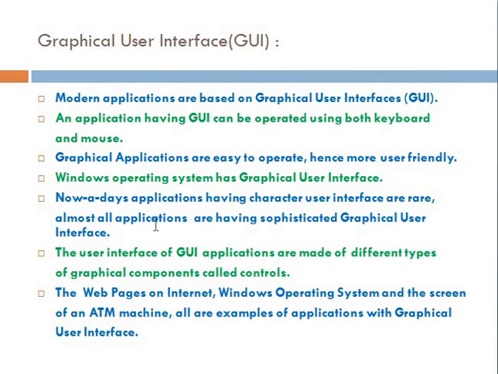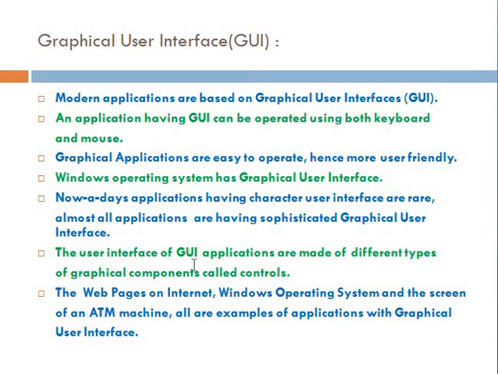The common examples of such applications are the search engine called Google, the social networking sites called Facebook and Instagram, and the e-shopping apps such as Amazon and Flipkart. All those applications have a sophisticated graphical user interface and they are very user-friendly.